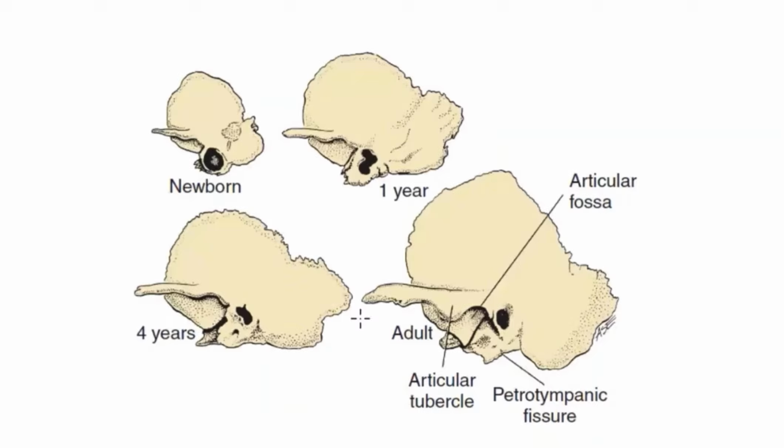The fossa is located at the posterior aspect of the zygomatic arch. This is the zygomatic arch. We have the fossa, and normally the anterior wall of the fossa will be very smooth and it will form a tubercle. The tubercle here is the anterior eminence. It is the anterior limitation of the joint. It cannot go further except if it's dislocated.